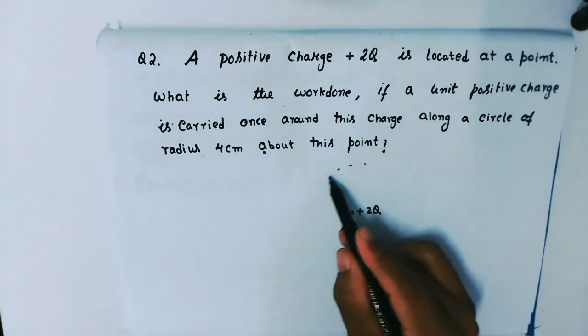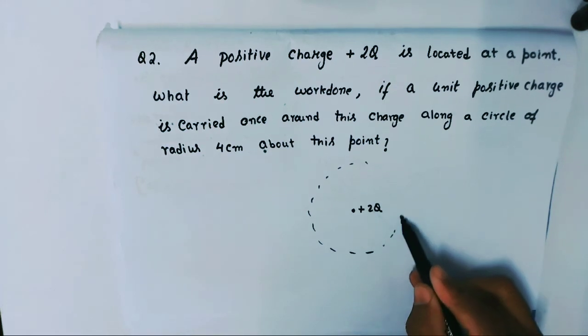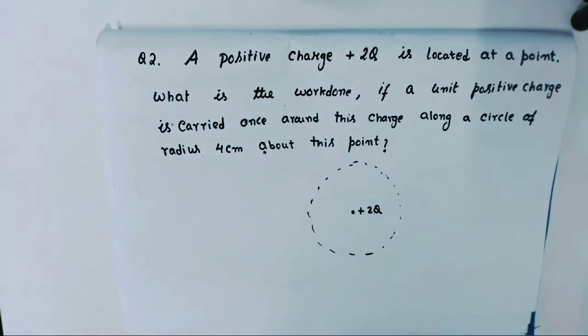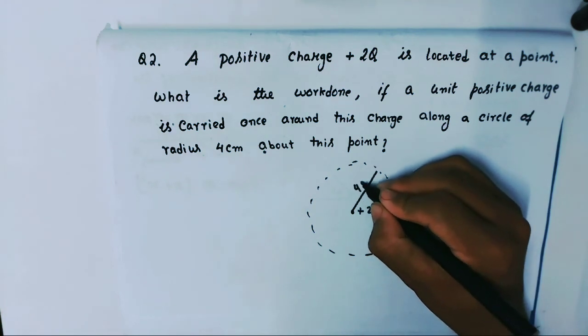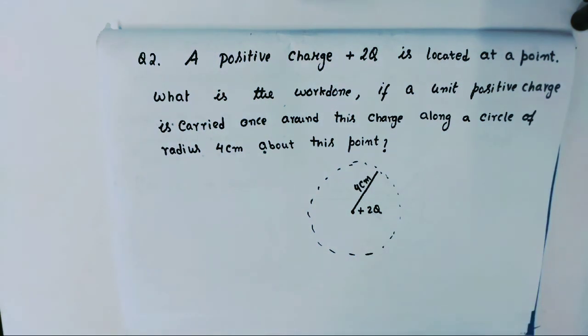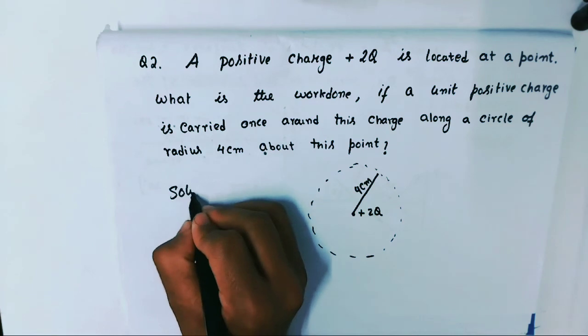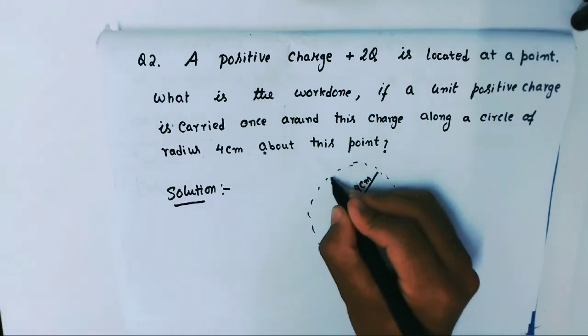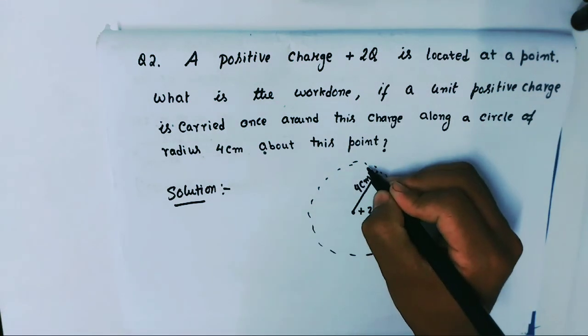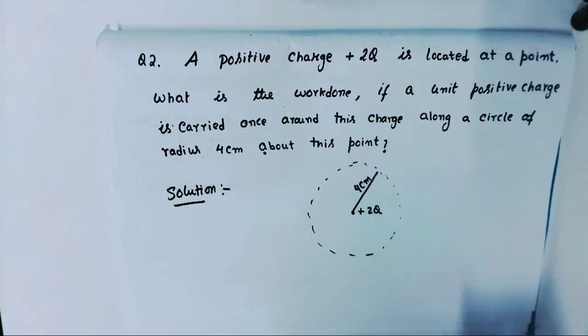If we draw a circle of radius 4 cm, as we can see from here, each and every point on this circle has the same potential.